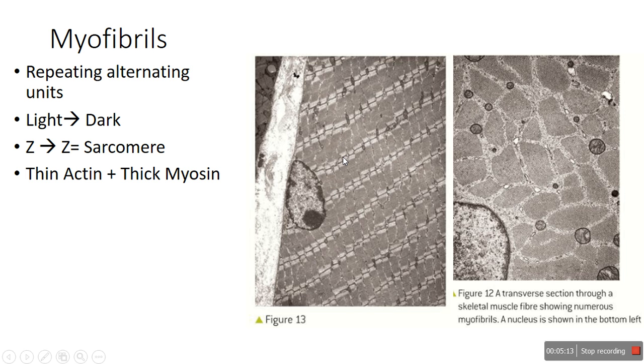So from here to this point here, this is our sarcomere. Basically, what this sarcomere is made up of is a thin actin protein and a thick myosin protein. In our next video, video 3, we're going to figure out the interactions between those, and that's what we're going to have a look at in our third video.